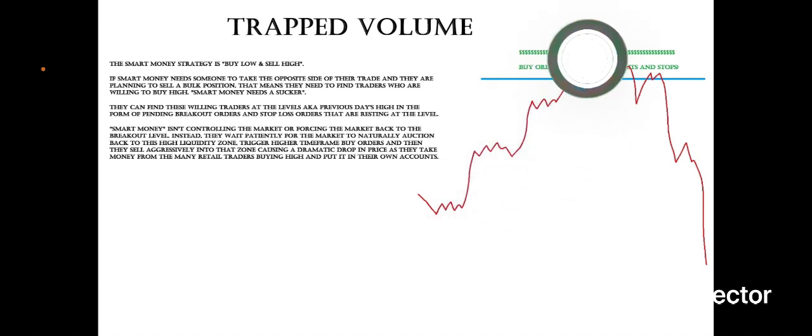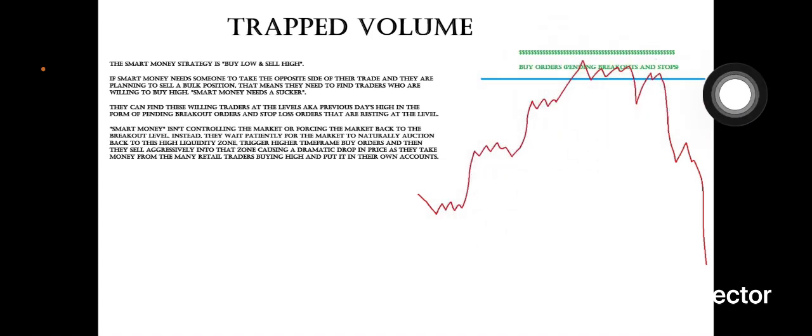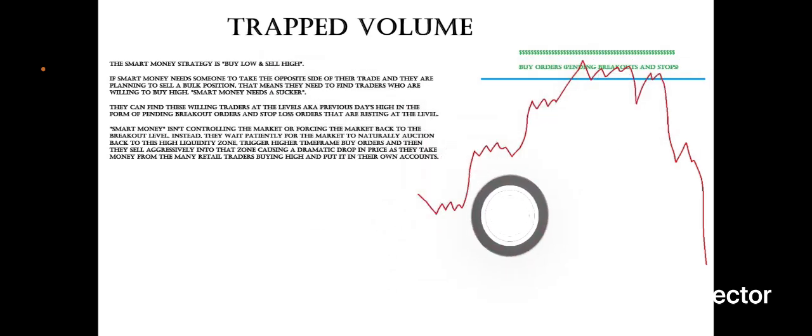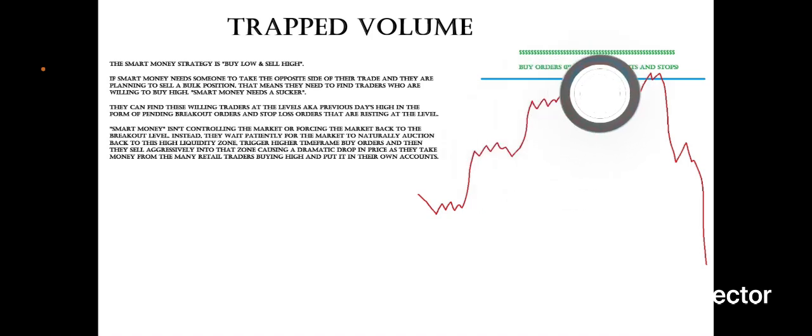So all they have to do is sit on their hands and let the market naturally trade back to this level, all right? Once it hits that level, all of these higher time frame traders are triggered into the market, okay? They're buying the market. There may be stop loss orders sitting here from traders who were selling from that level before, all right?